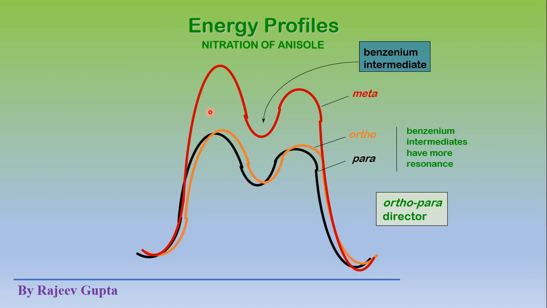But in the case of meta, the energies of the intermediate and the transition states are very high compared to ortho and para. So this energy profile diagram also confirms that the benzenium ion intermediate obtained by ortho and para attack is more stable. So the product formation also goes to this side, where we get the ortho and para products.